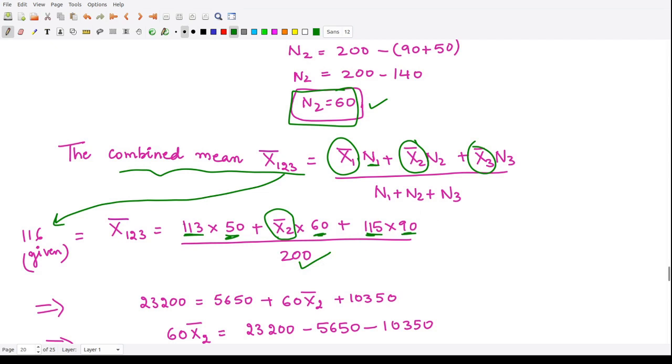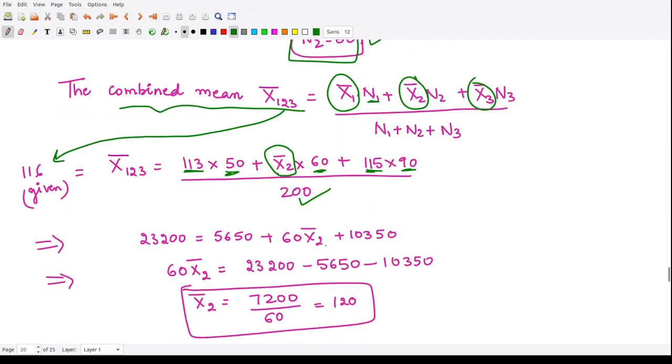So we can do the computations and solve this equation to determine x2 bar. We simplify this expression, and finally our x2 bar comes out to be 120. This is the mean for group 2, obtained using the combined mean.